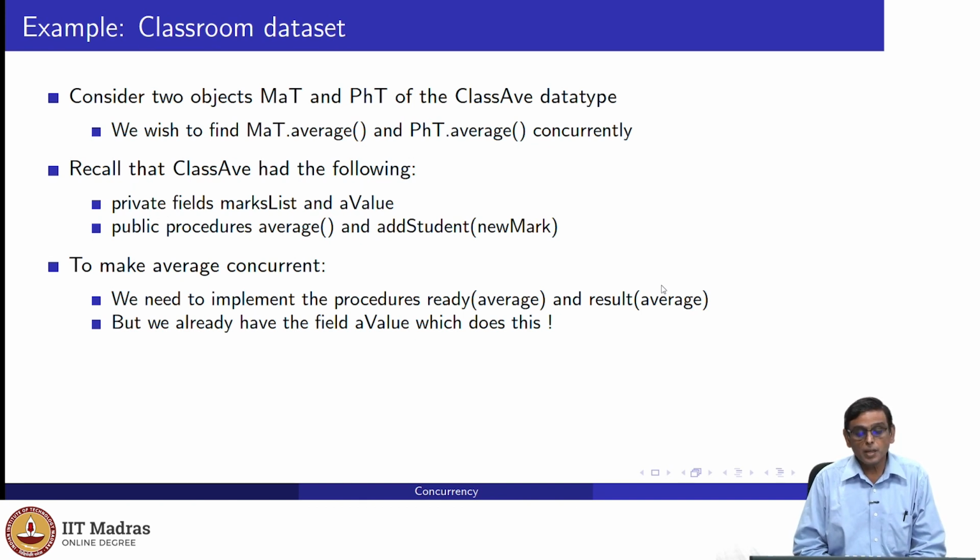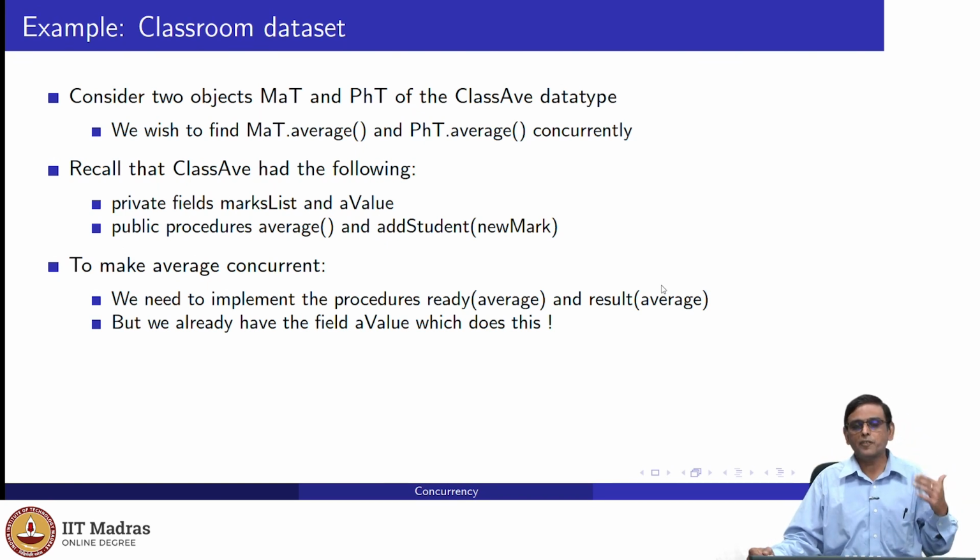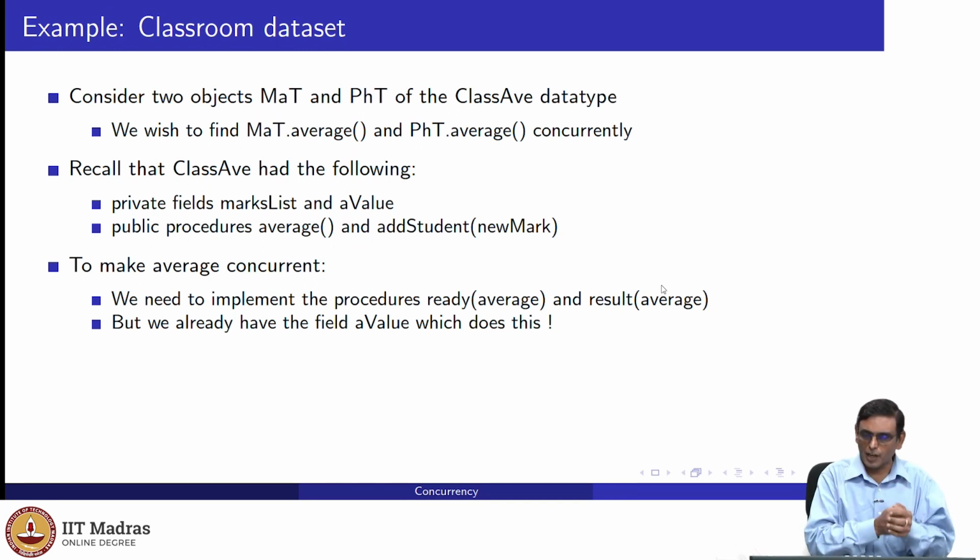Now what about ready average, right? We already have a field A value which seems to do it, because remember how we wrote the code for average. The average code for class average said to check whether A value is -1. If it is -1, compute the average and put the result in A value.